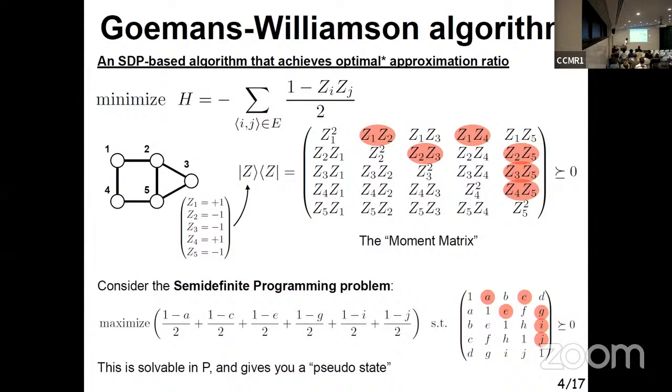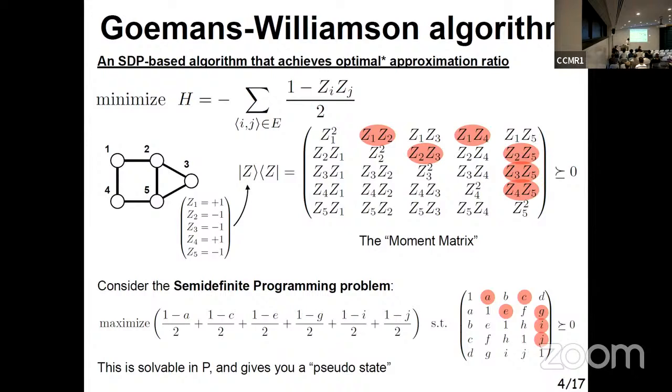Sorry, I'm just getting rid of this minus sign and writing maximize just to save space here. But anyway, you want to minimize the summation of these elements in your matrix that has to be positive semi-definite. And this basically corresponds to some sort of a similar optimization problem to the original problem.